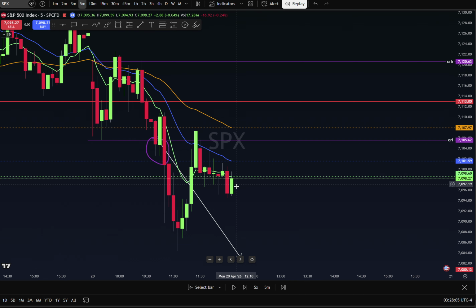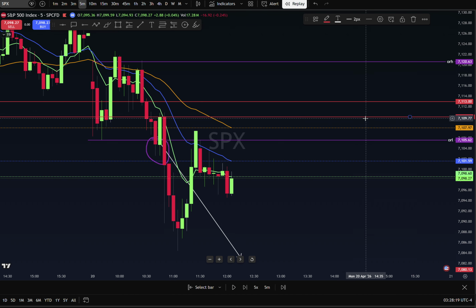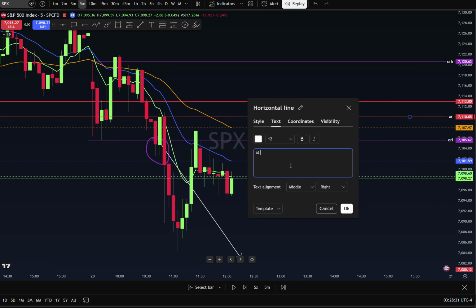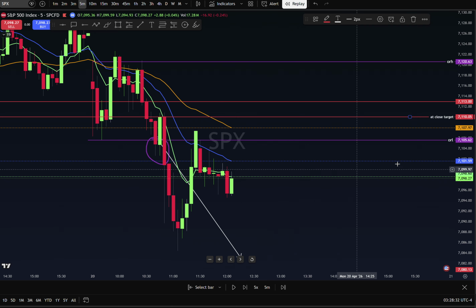So I was like, if it's going to be at this level at close, at close target, I don't need to enter here because we have a lot of time. By the time it gets there, my contract is going to lose a lot of value, so I have to wait around 3:40, 3:50, something like that.